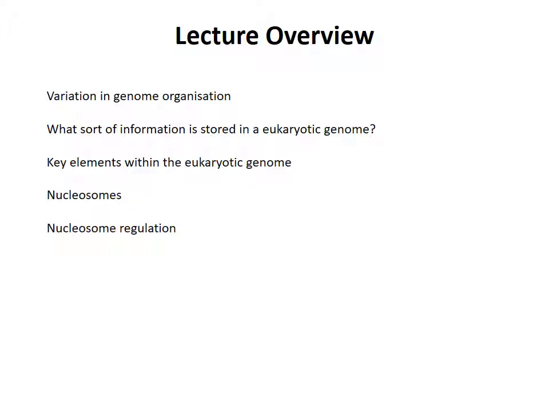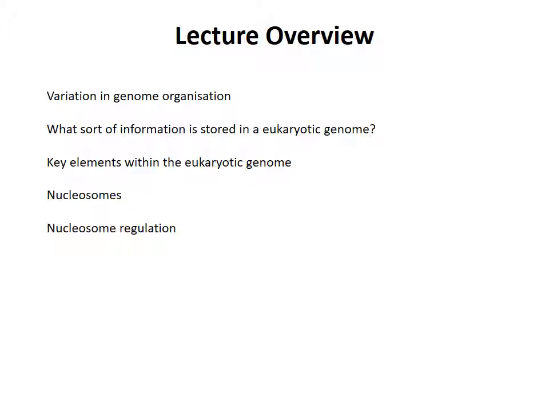So, a quick overview of what we're going to be discussing. We're going to start by talking about variation in the genome itself, and in particular variation in genome organisation. That'll lead on to a discussion about the types of information stored in eukaryotic genomes, because as you'll see, it's very different in nature to what's present in simpler prokaryotic genomes, such as bacteria.